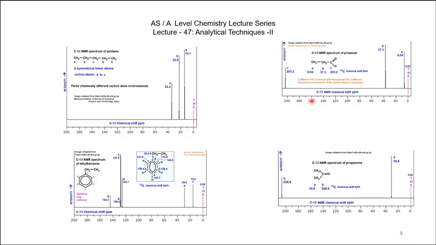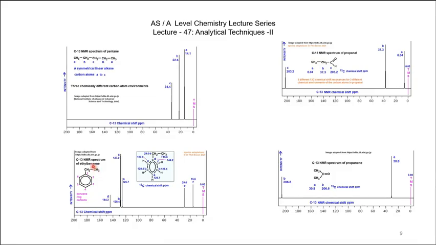Okay, if we take the propanol, what do you see, how many different peaks should we expect? This has a different environment than this one, and this one has a different environment from this or this one. So we should have 3 peaks. Here we see 1 peak, 2 peaks, 3 peaks. And the chemical shift will allow you to find out the molecular structure of the compound.